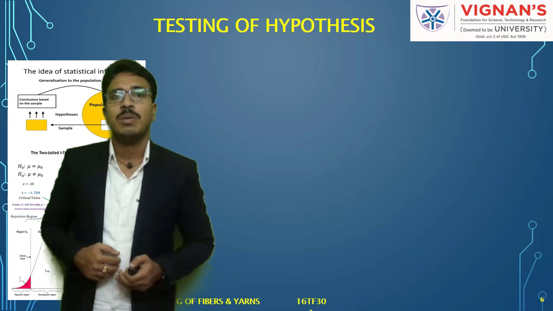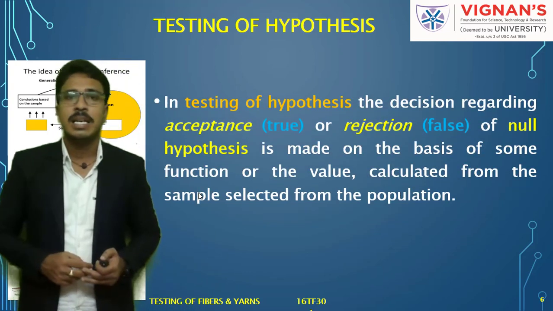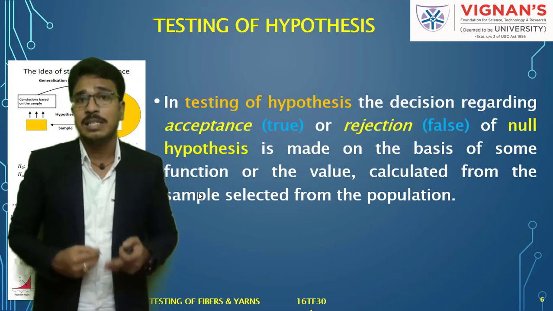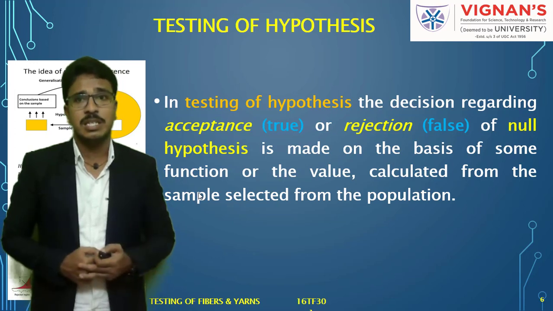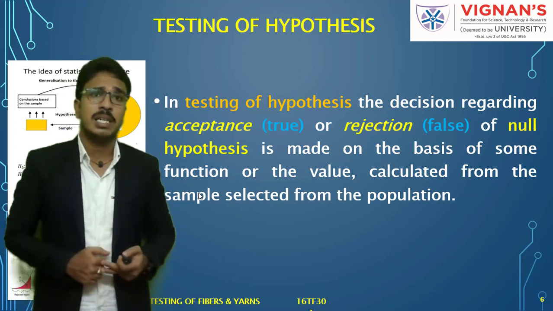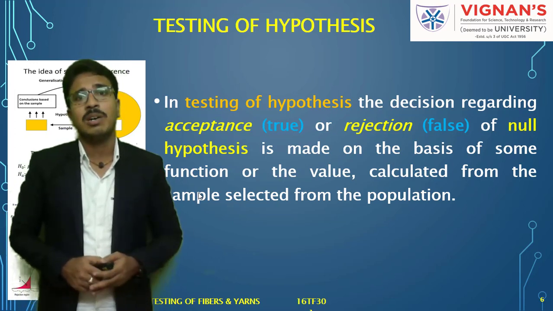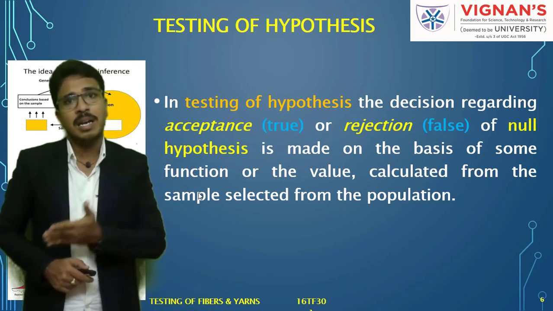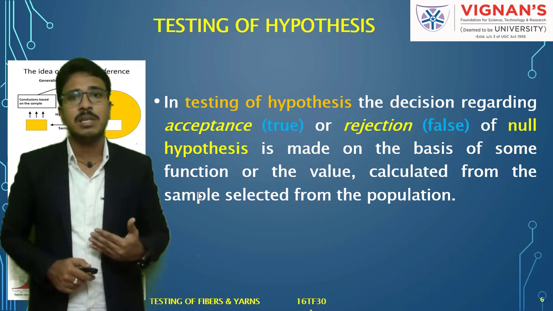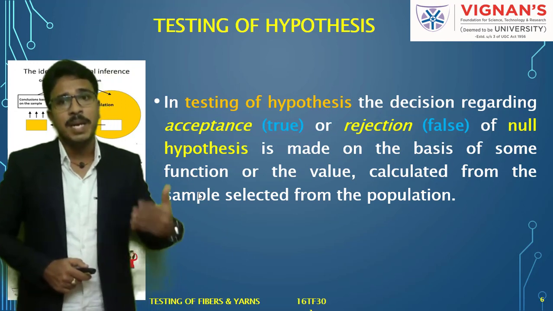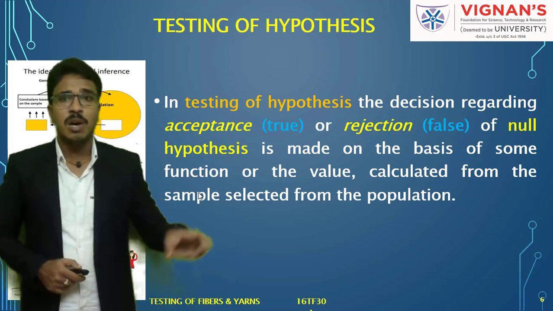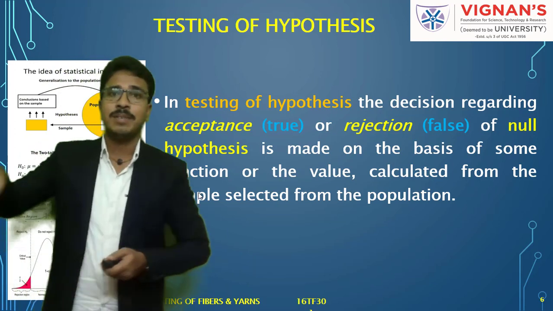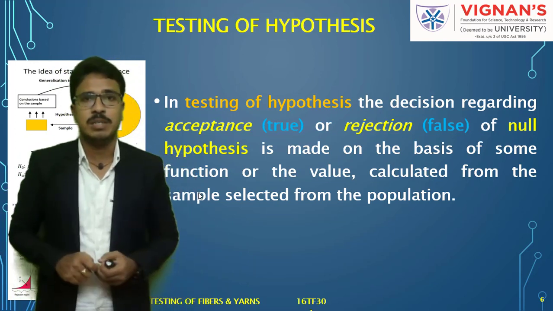Now if you look at the testing of hypothesis, as I told you just now, the decision regarding acceptance or rejection of the null hypothesis is made on the basis of some function or value calculated from the sample selected from the population.